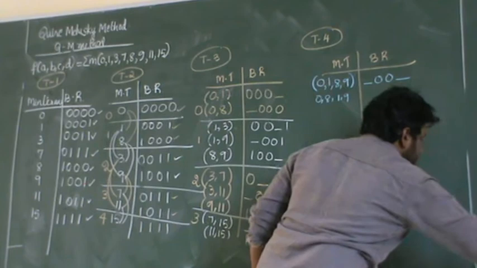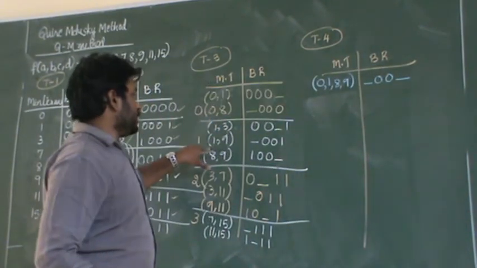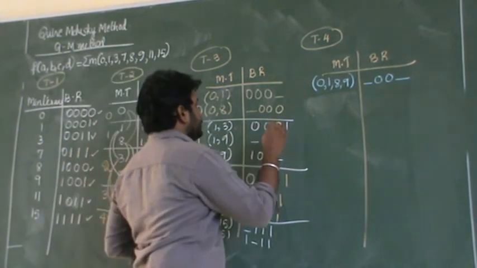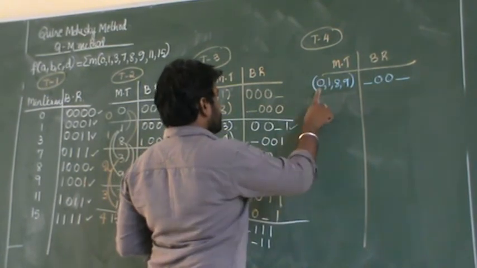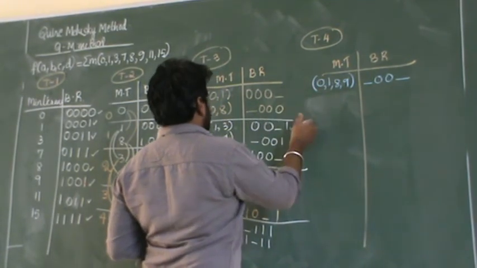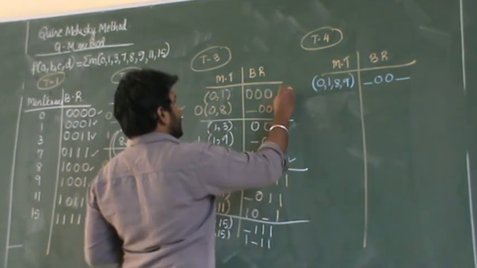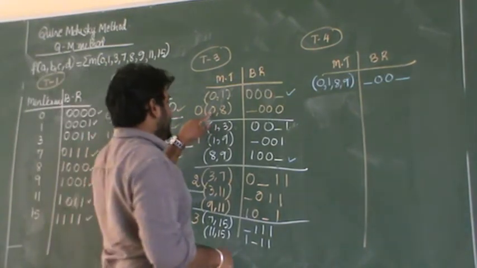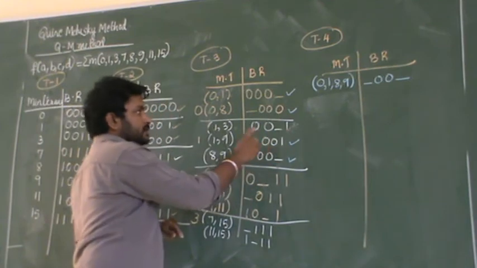Therefore I shouldn't consider this particular minterm. 0 8 with 8 9, is it possible? No. So 0 1 8 9 is compared. The rest of the things are not possible.